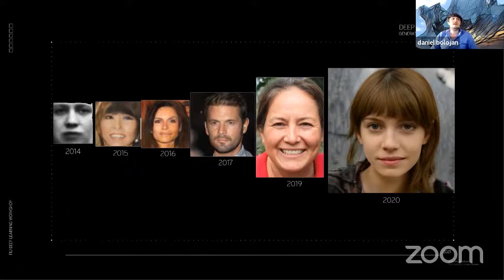You see it has a very steep progress curve. It's really moving very fast, and it's learning very fast at the moment. The models that are out there, the networks being further developed by researchers, keep on getting better and better.